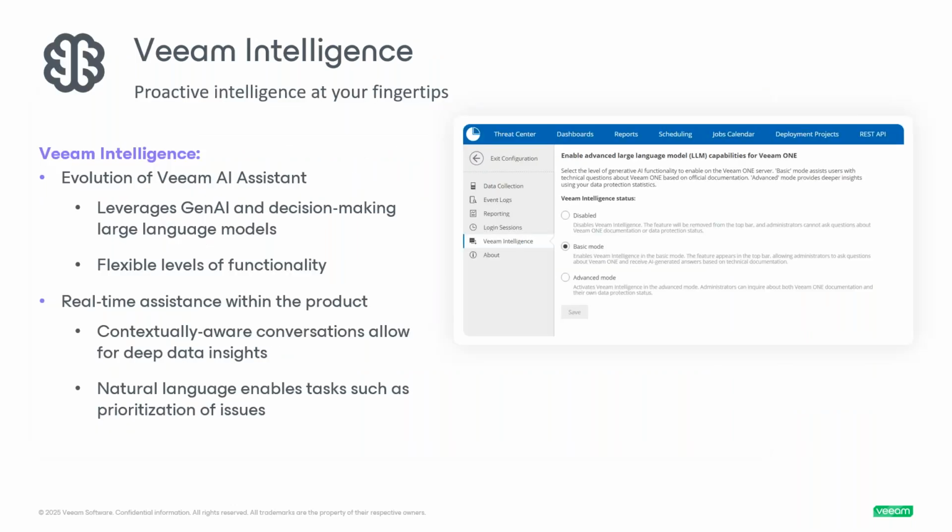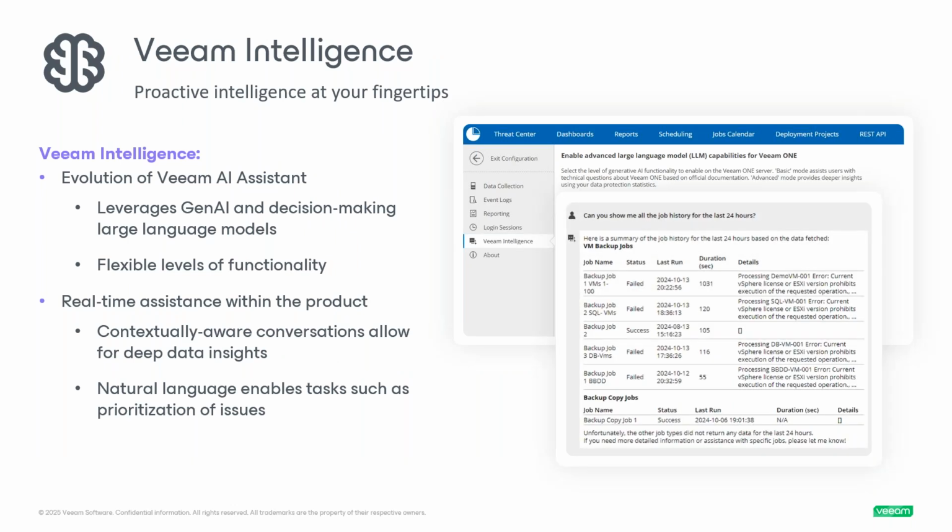So Veeam Intelligence at your fingertips, right? So evaluation of Veeam AI Assistant, originally we included as part of version 12. It gives you a lot of Gen AI decision making using large language models, flexible levels of functionality, as well as real-time assistance with the product.